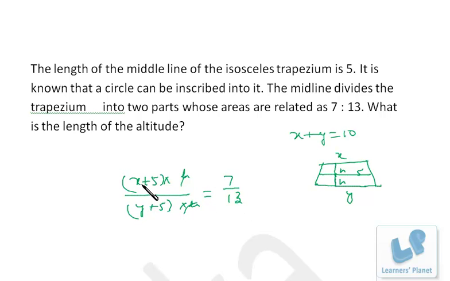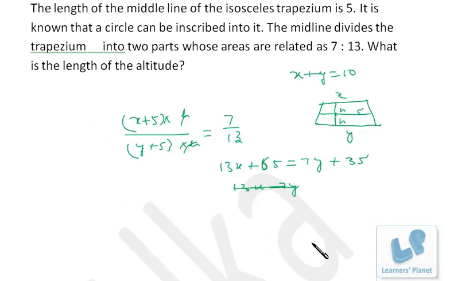So 13 into x plus 65 is equal to 7y plus 35. So 13x minus 7y, or I can say 7y minus 13x, is equal to 65 minus 35, that's 30, right?